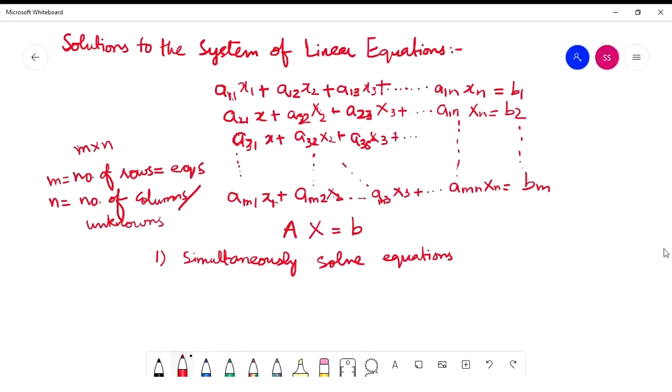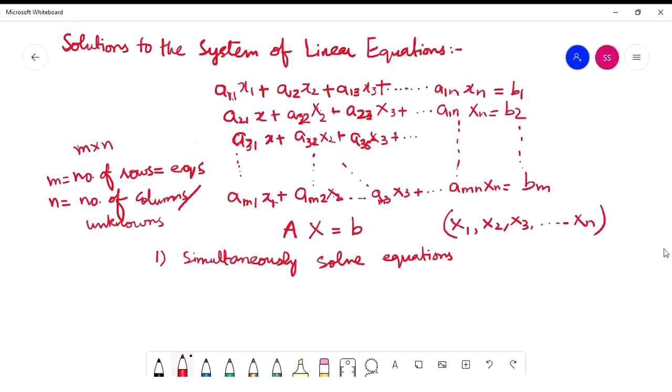The solution set is of the form x1, x2, x3 to xn. So this is the solution set: first variable, second variable, and so on. So the number of columns means unknowns means variables.